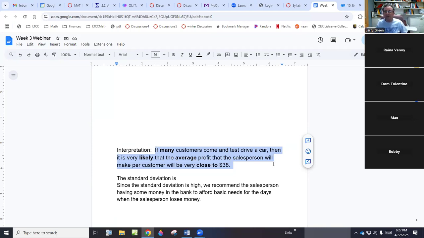Some of you on the exam question just wrote a template and didn't refer to what the question was asking. Similarly here, you need to be talking about customers, test driving a car, profit, salesperson. Do you see how that works? Any questions on the interpretation of the expected value? Maybe I'll write EV interpretation.